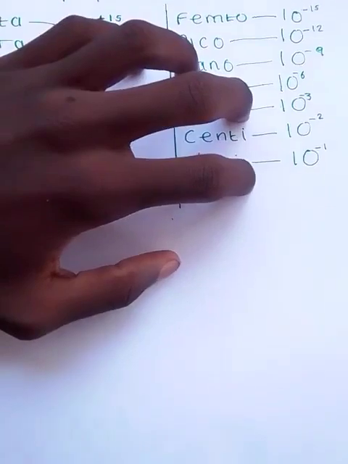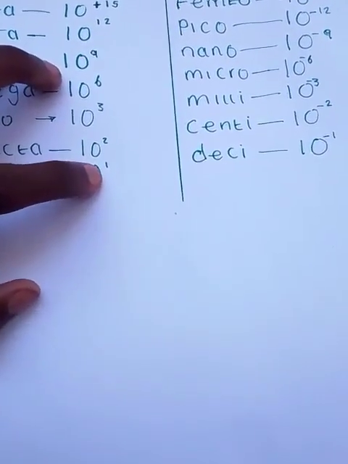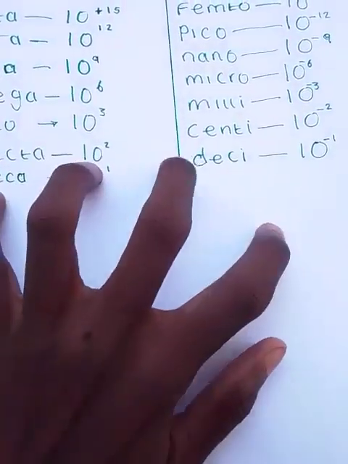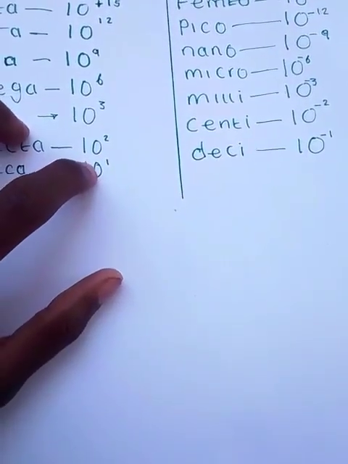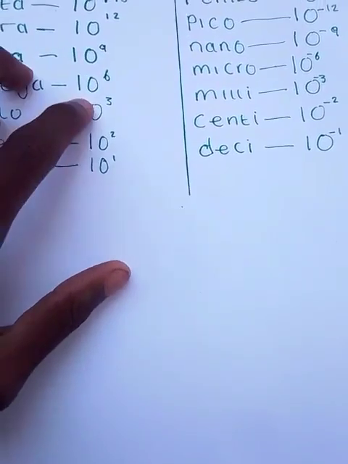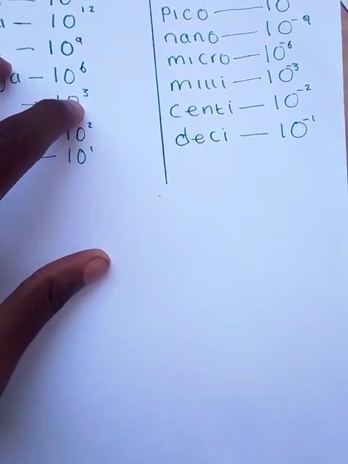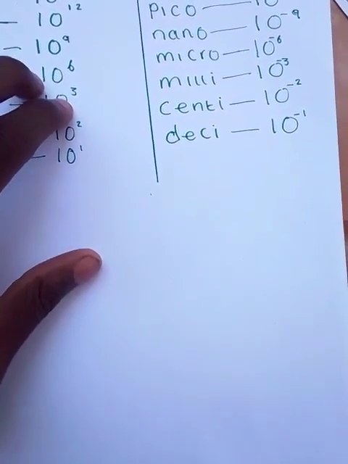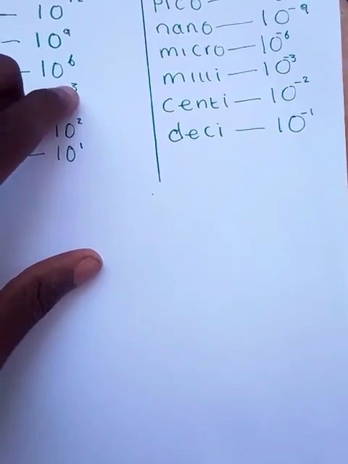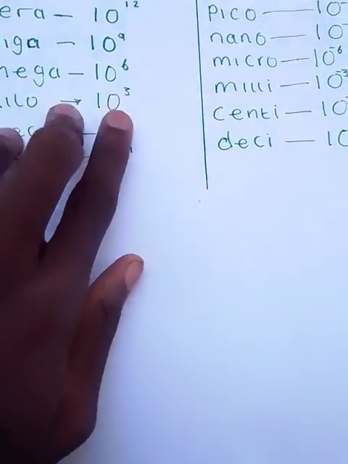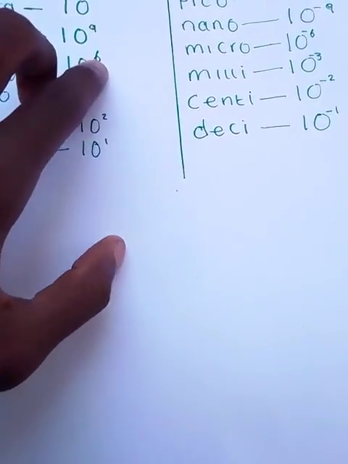Then another pattern that you need to be aware of is how the powers change on both sides, the positive ones and the negative ones. The first one starts with power 1, followed by power 2, followed by power 3. Now on power 3, things change. To go to the next prefix, you add 3 to the power. Let's say here we have 3. To go to the next prefix, which is mega, you add 3 to this power, it will give you 6.